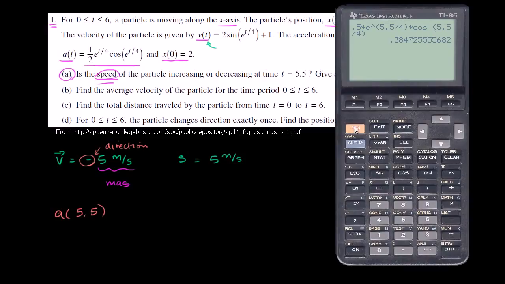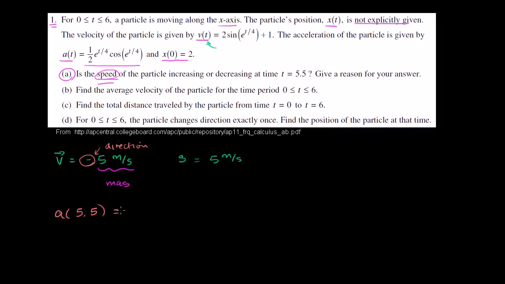Oh, sorry, I made a mistake. That looked a little strange. It's not cosine of 5.5 divided by 4. It's cosine of e to the 5.5 divided by 4. So let's look at that. So that's one parenthesis I closed, and now that is the second parenthesis that I've closed. And I get roughly negative 1.36. So this is approximately equal to negative 1.36 if I round it.